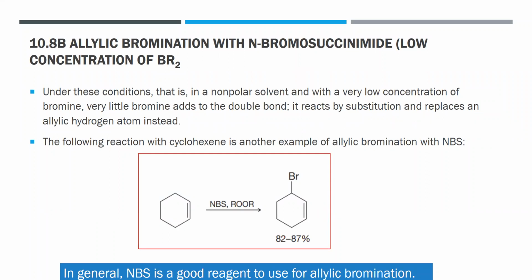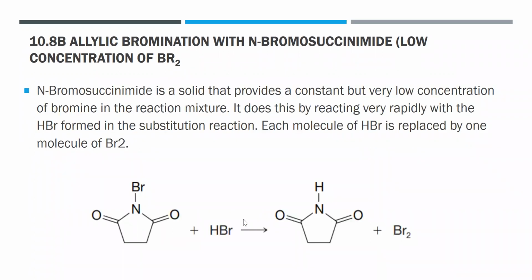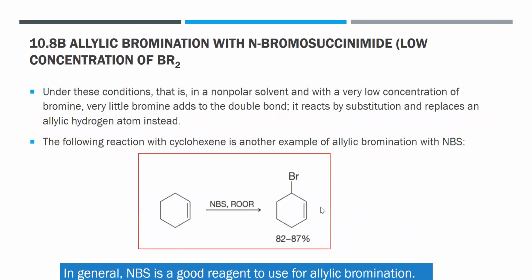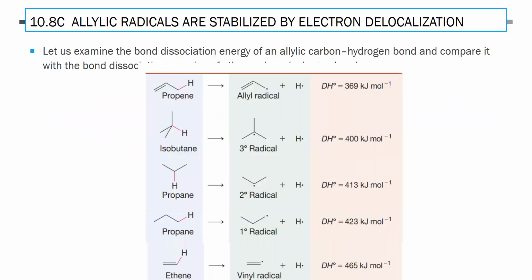So whenever you encounter NBS and you have an alkene, and you have the presence of light, it will be the source of bromine for an allylic substitution via radical mechanism.